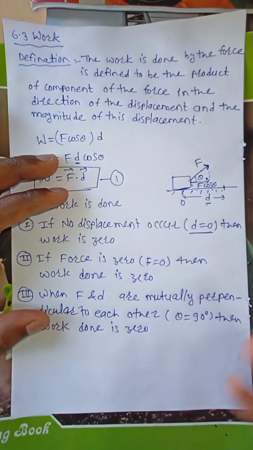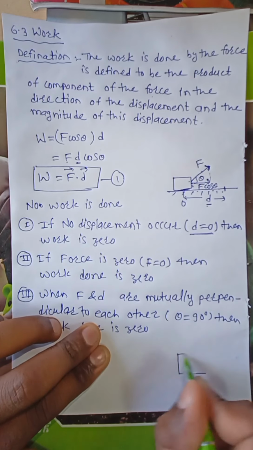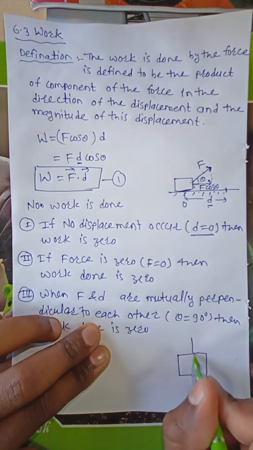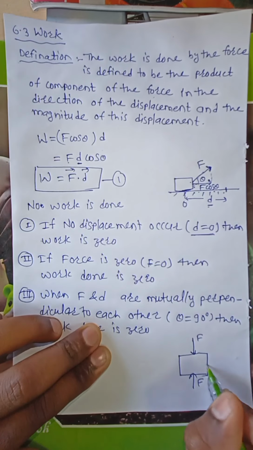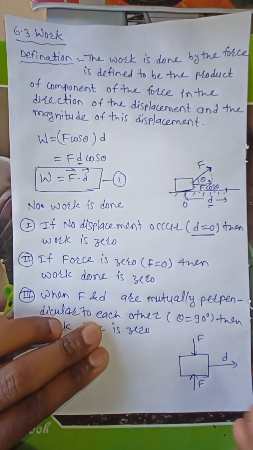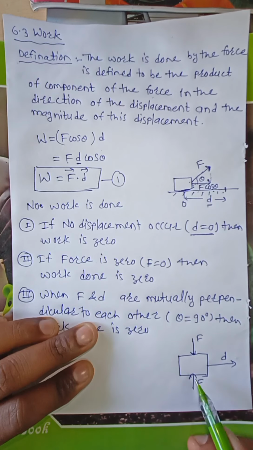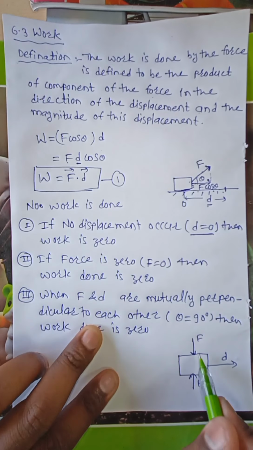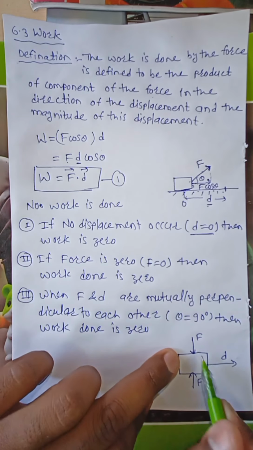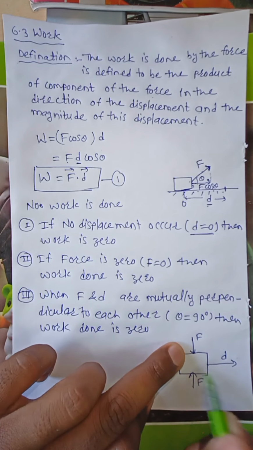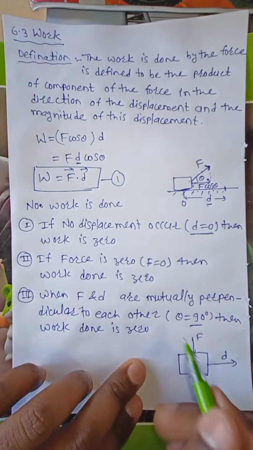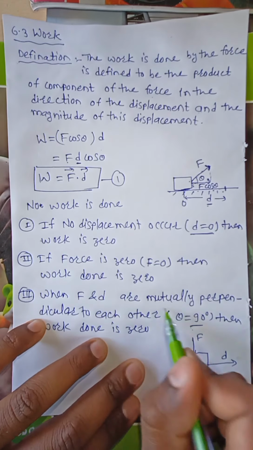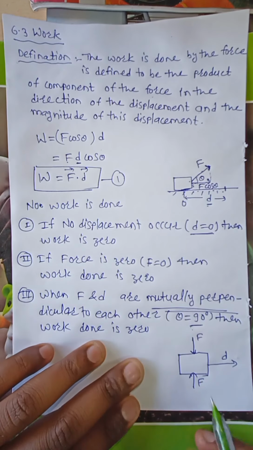Suppose see here, suppose this is the object. If you apply a force in that direction or in that direction, and the body is moving in that direction, in that case the angle between force and displacement is 90 degrees, which means the force and the displacement are mutually perpendicular to each other.